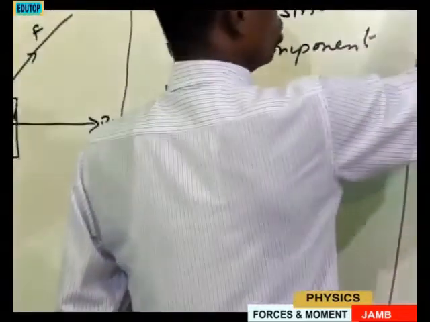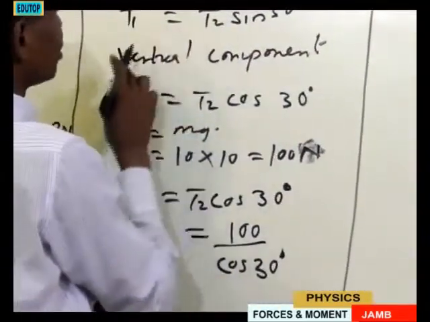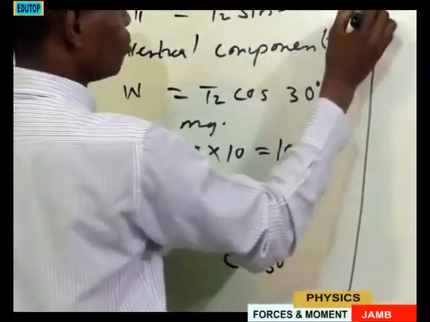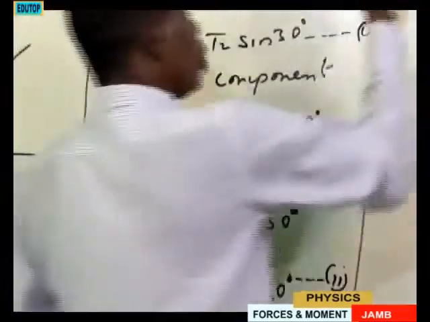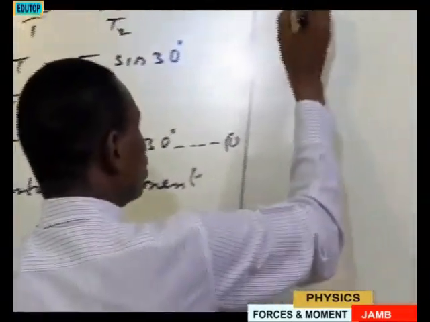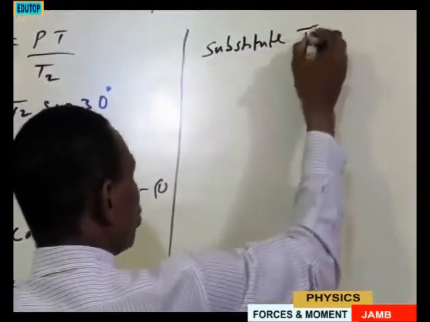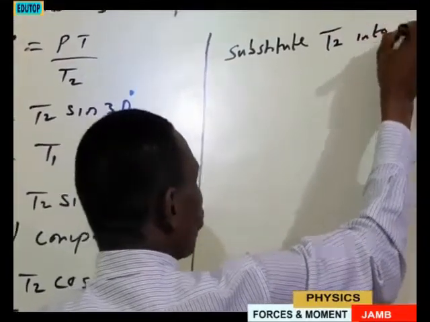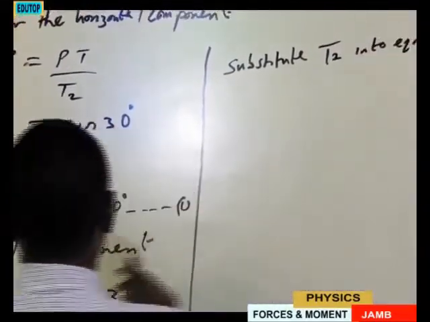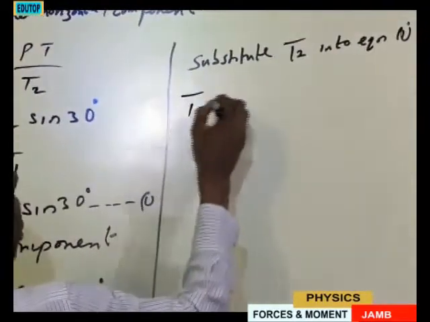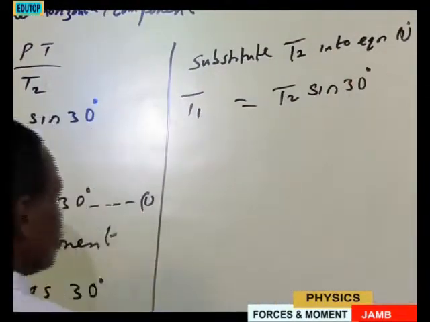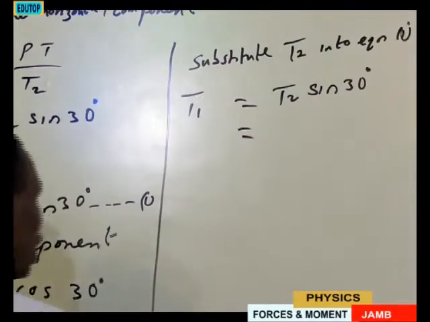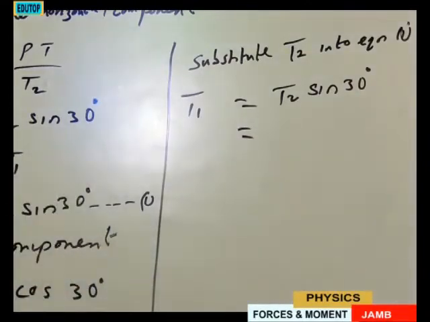Let's call this one equation 1 and this one equation 2. We are going to substitute T2 into equation 1. And what is equation 1? T1 is equal to T2 sine 30 degree, and you know T2 is 100 over cos 30.